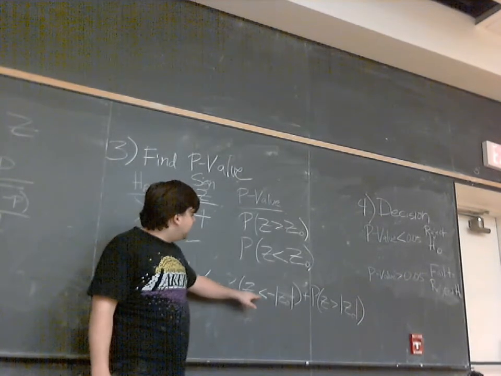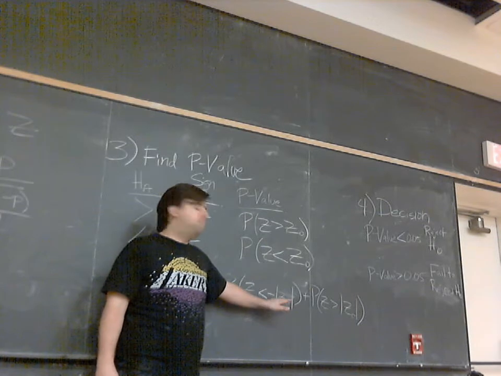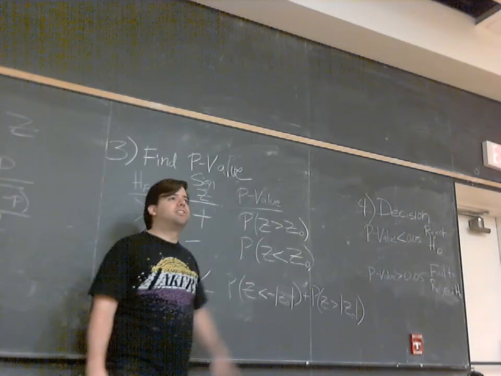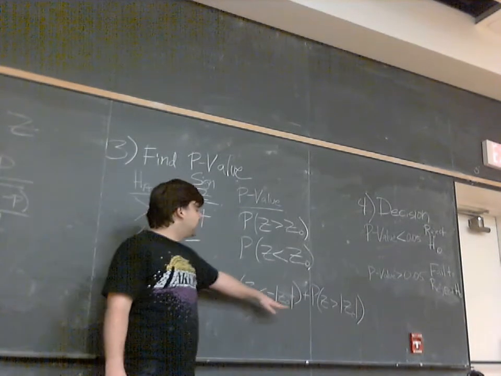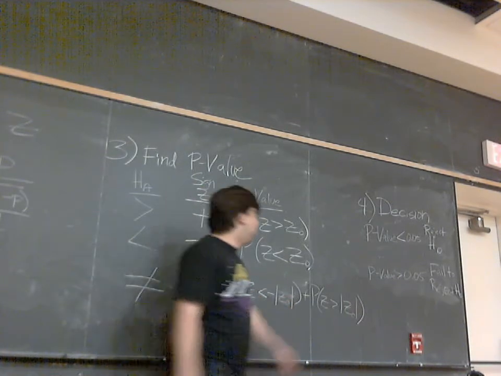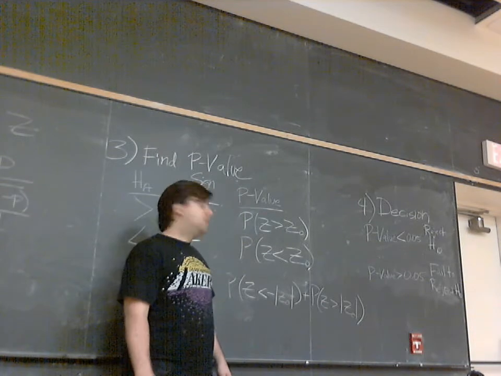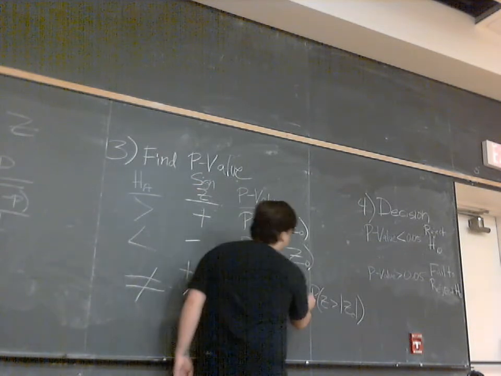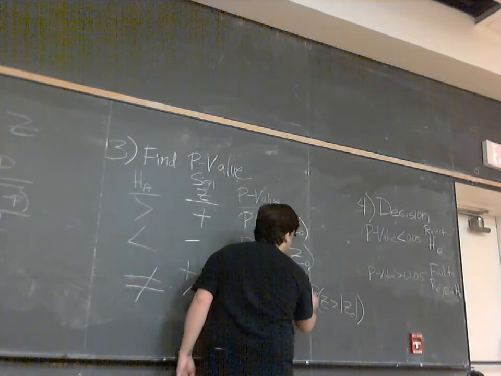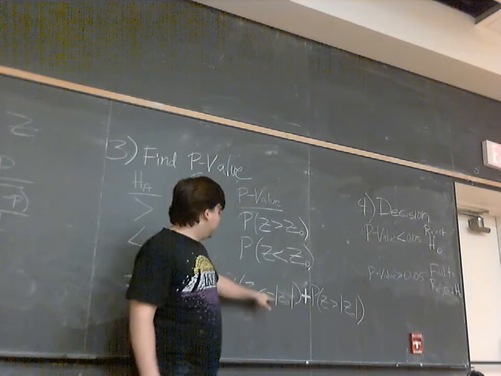The probability that z is less than negative of the absolute value of z is just saying the negative of the z-score. So if you got a negative z, just leave it as is. If you got a positive, then turn it into a negative. And then over here, you use the positive. No, this is plus, this plus this.